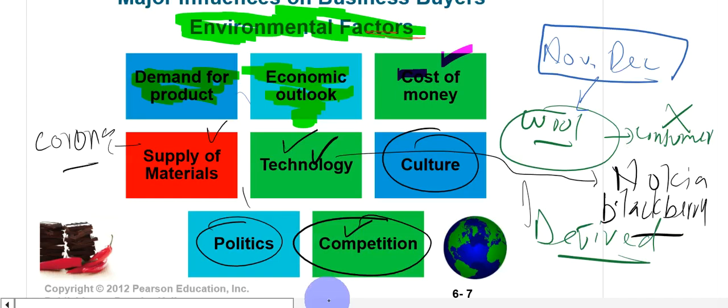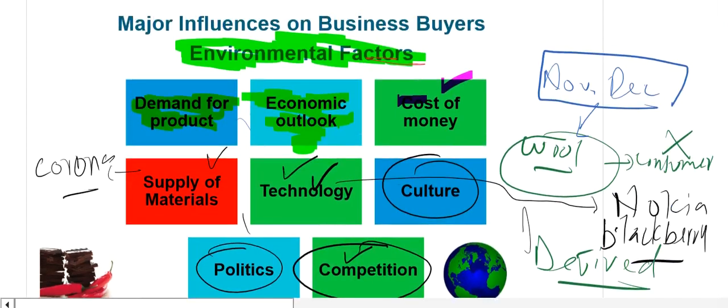So these are the factors which were important to understand that they influence the decision making of the organization. Let's take a look at them once again and then we will move forward.